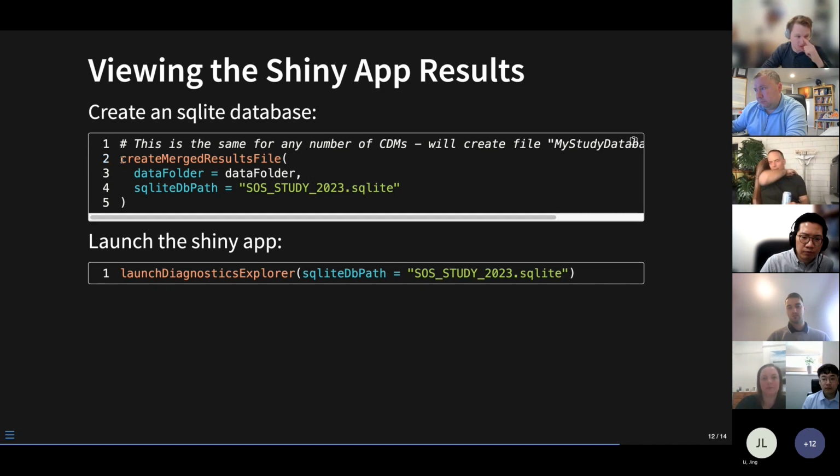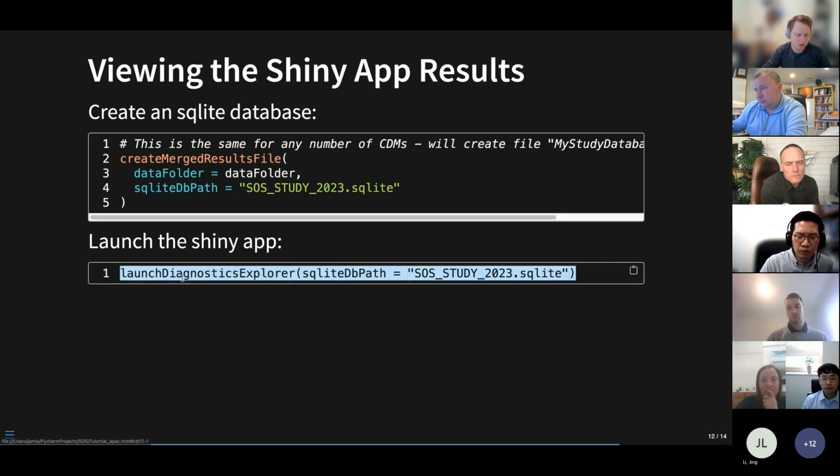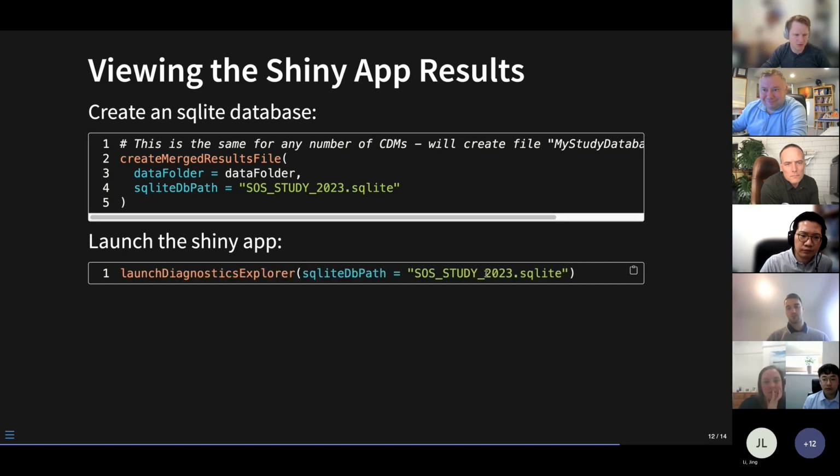This approach lets you merge that into a file, and then following that, you can launch a Shiny app locally that you can view, and then following that, you could share that with other users. But I leave that to another follow-up talk, because we're not intending to do that here.